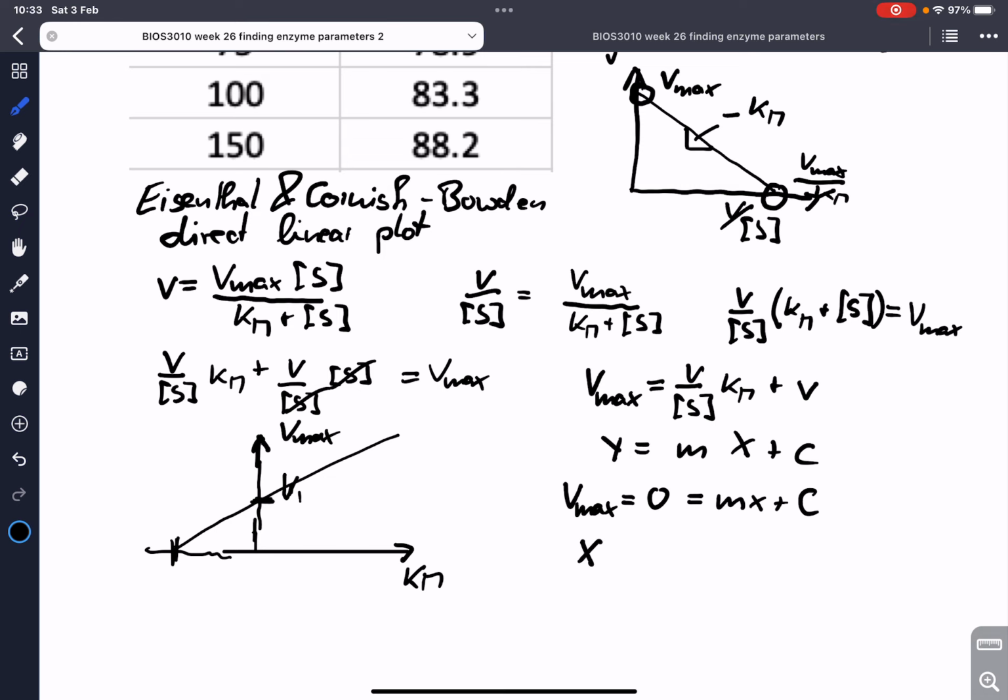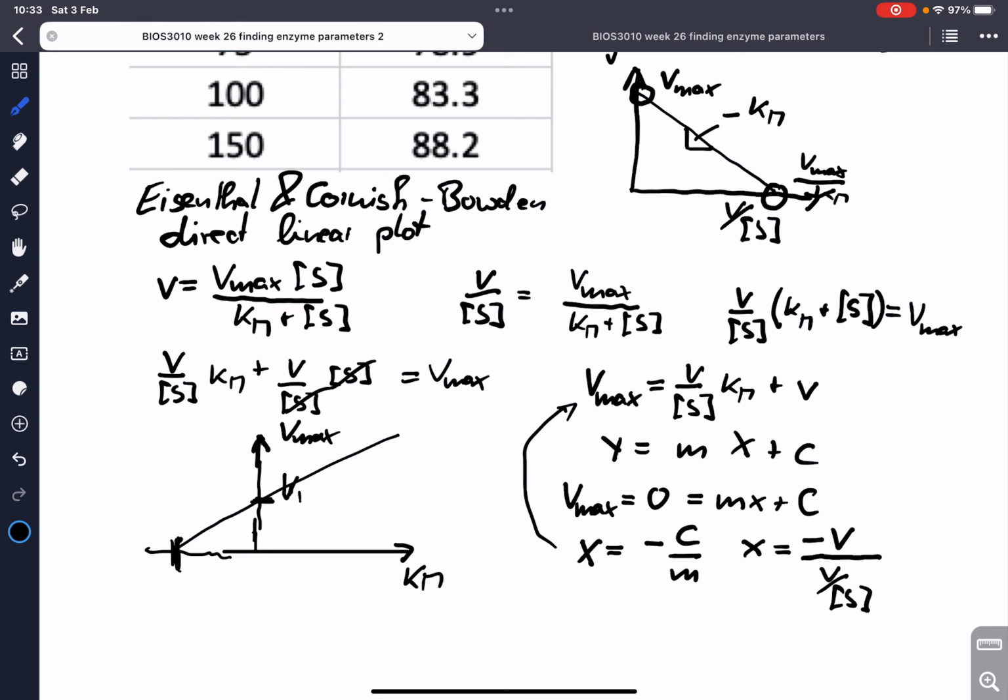So x would be minus c over m. Or if we put that into our equation here, we would get x equals minus c, that is minus v, that is our rate, divided by the gradient, that is v over s.